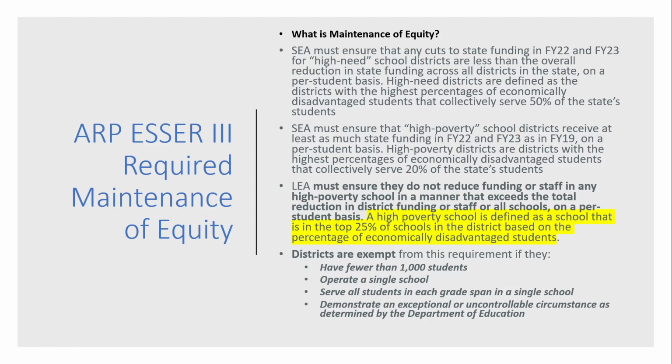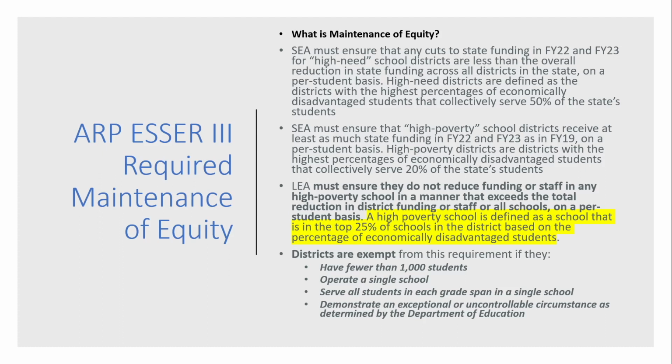This is saying that we have to maintain a certain level of staffing and investment in those pupils at that building. We can't have a disproportionate investment. We have to make sure that those schools that represent the top 25% of students living in poverty continue to be supported at the level to which we were supporting them prior to these funds arriving.